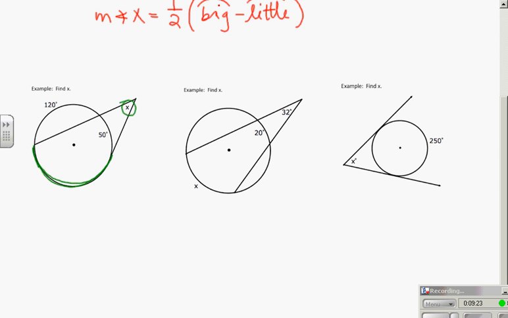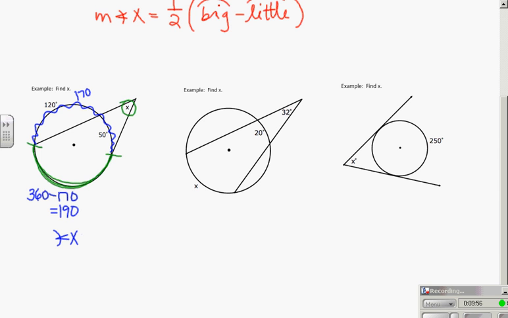So in this scenario, I'm after X. I don't initially know this big angle. It's not given to me, but of course I can find it because I know this part is 170. And so if I take 360 minus 170, I have 190.